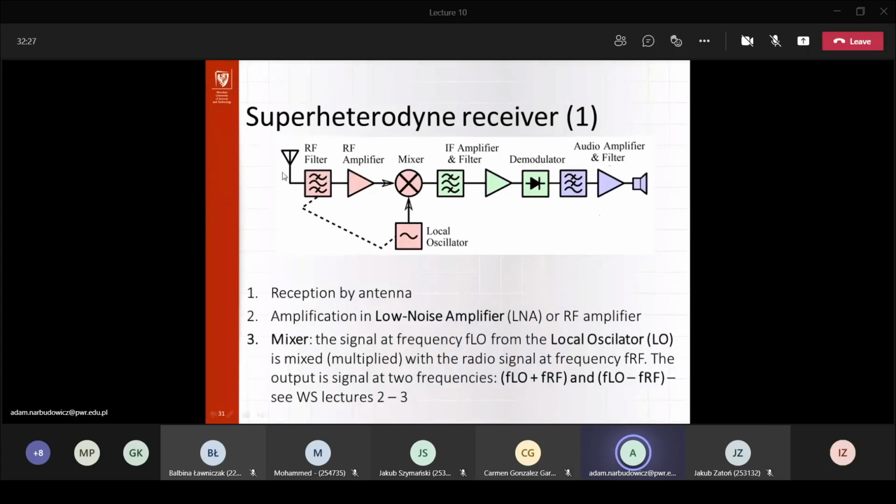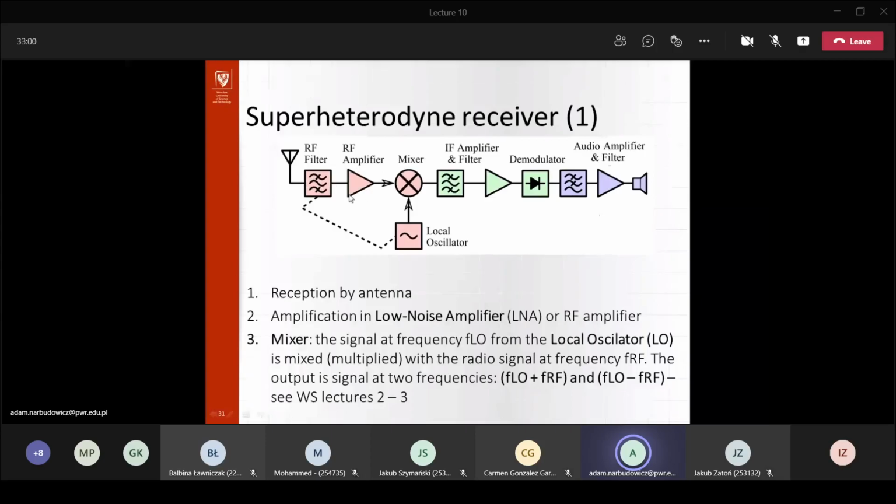So the very first step is the RF filter, a selective filter tunable to exactly the channel we want to listen to, with a bandwidth corresponding to the bandwidth of the communication channel, just to get rid of all the unnecessary things that can cause quite a lot of problems in the subsequent stages. So that's step number one.